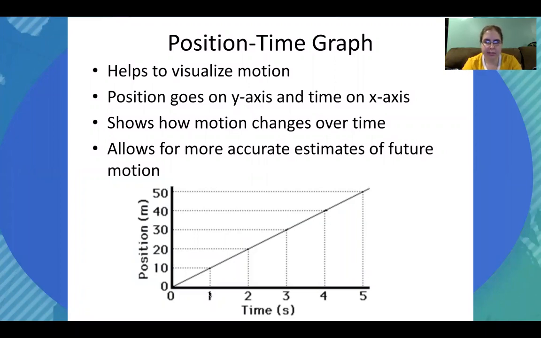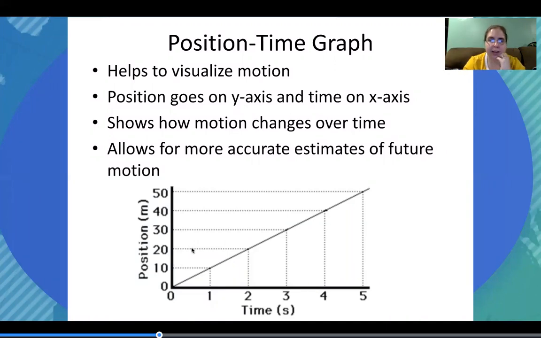So in 1 second, you moved 10 meters. In 2 seconds, you moved 20 meters, and so on. You're measuring how far you moved at each point in time, and then you graph it.